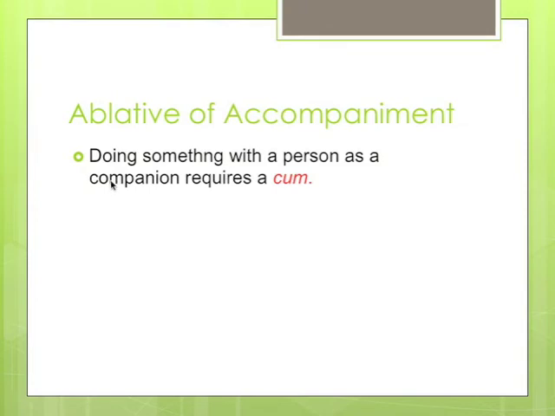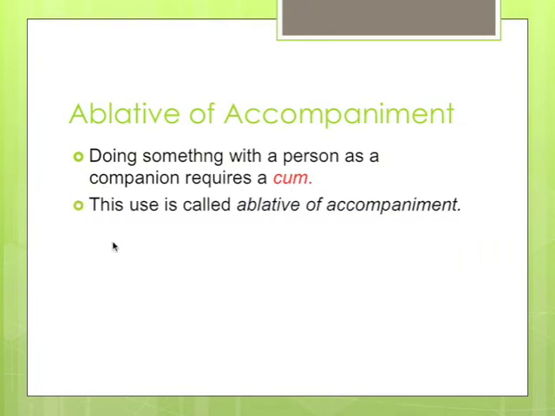Doing something with a person as a companion, however, requires a cum. This is called the ablative of accompaniment. Here's an example. In urbem cum Marco abeo. So, I'm going off to the city with Marcus. You must use the cum here because you're doing this in the company of Marcus.